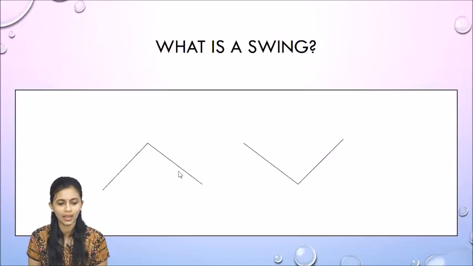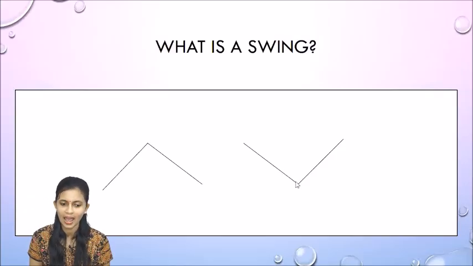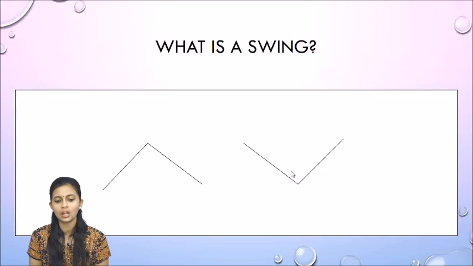But once a stock goes up, it has to come down, or, taking the reverse case, once a stock comes down, it has to go up. The level at which it travels can be different, but any stock will definitely make a swing. So the whole chart will consist of different swings of different types.